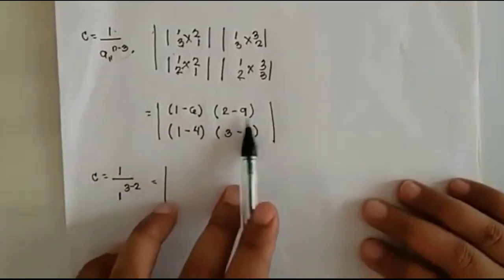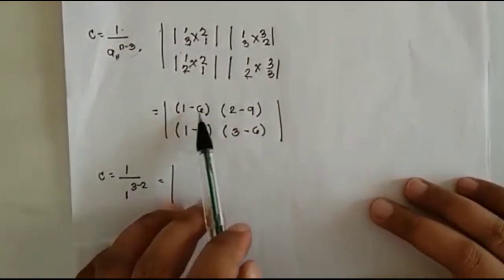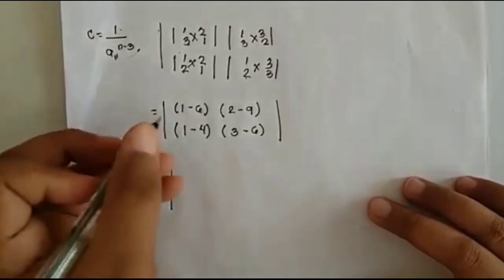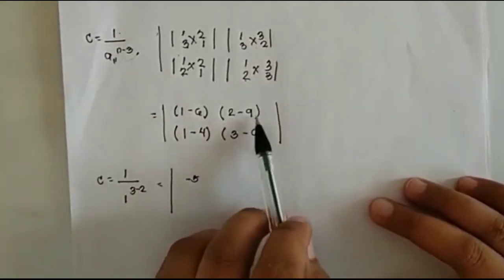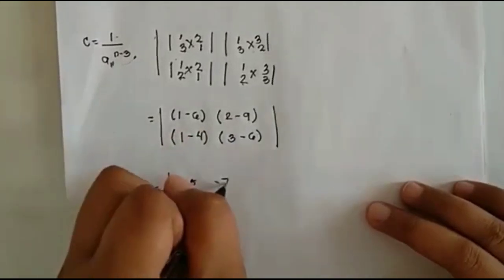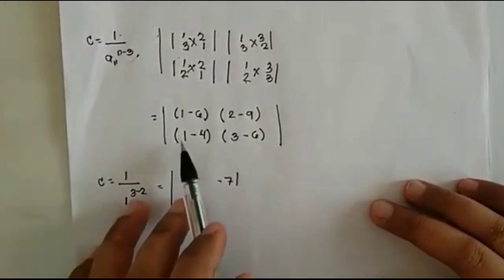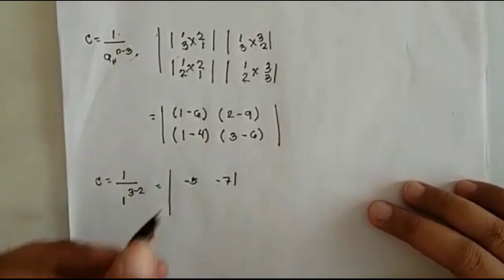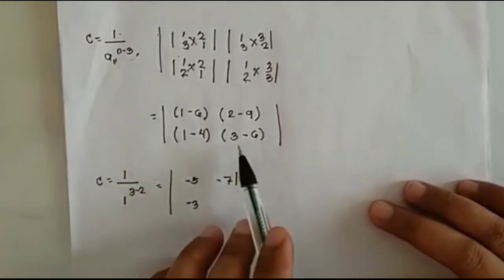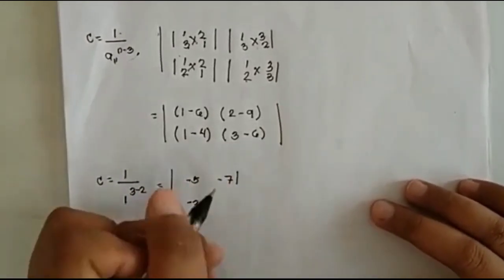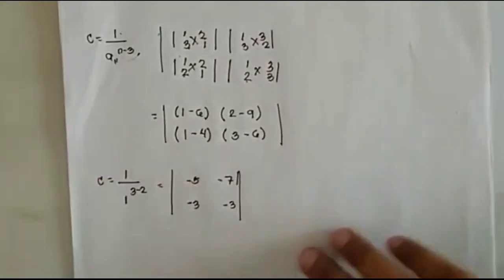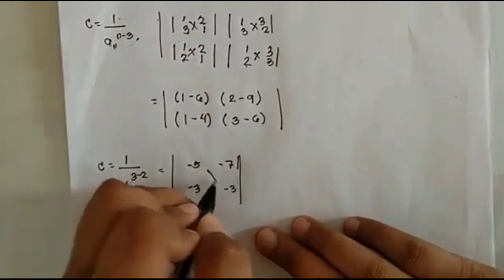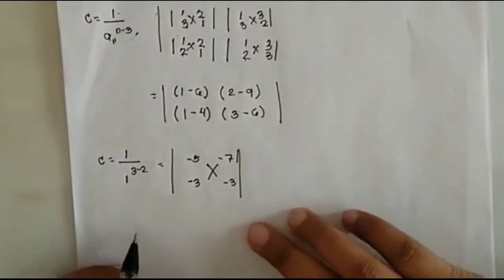And then we simplify these values. 1 minus 6 is equal to negative 5. 2 minus 9 is equal to negative 7. And then 1 minus 4 is equal to negative 3. 3 minus 6 is equal to negative 3.